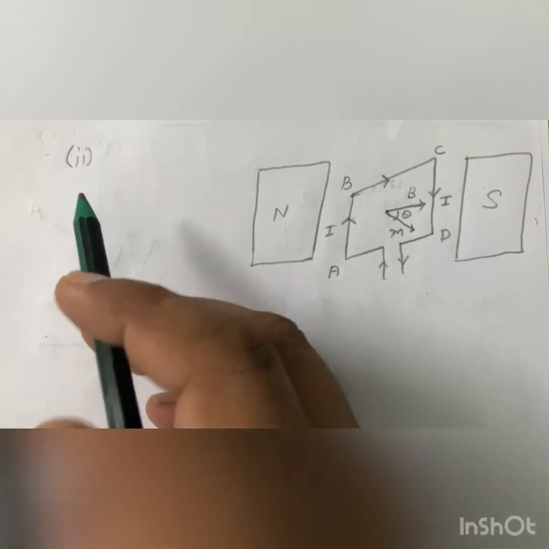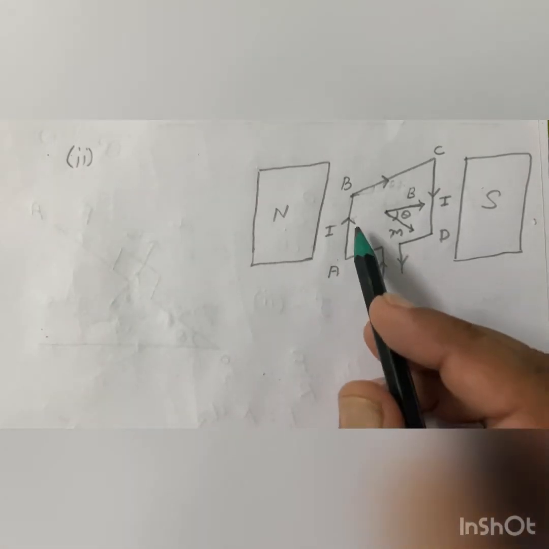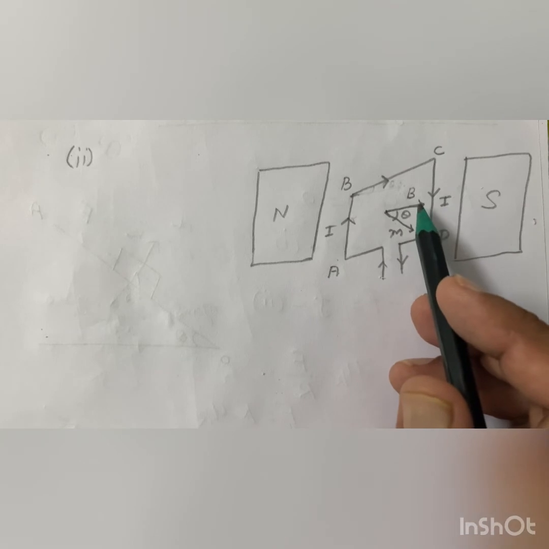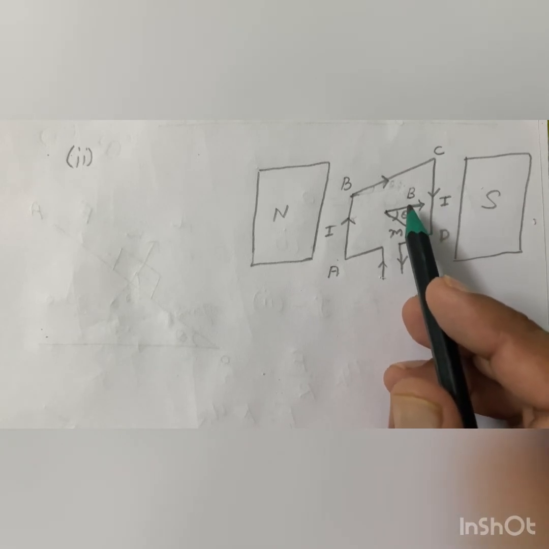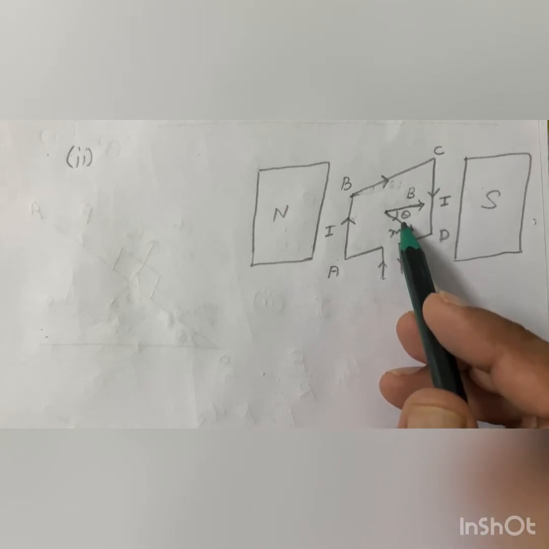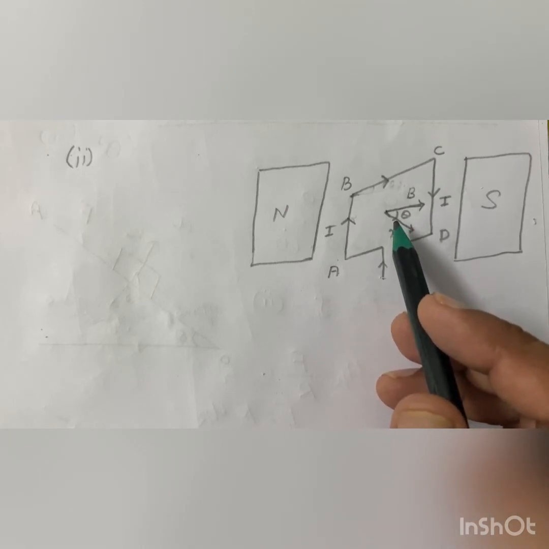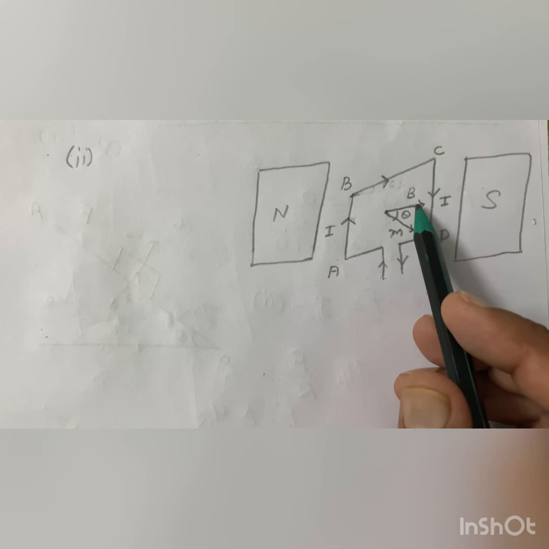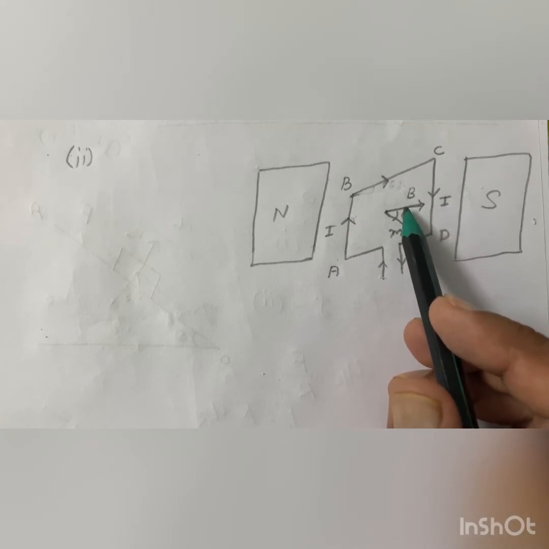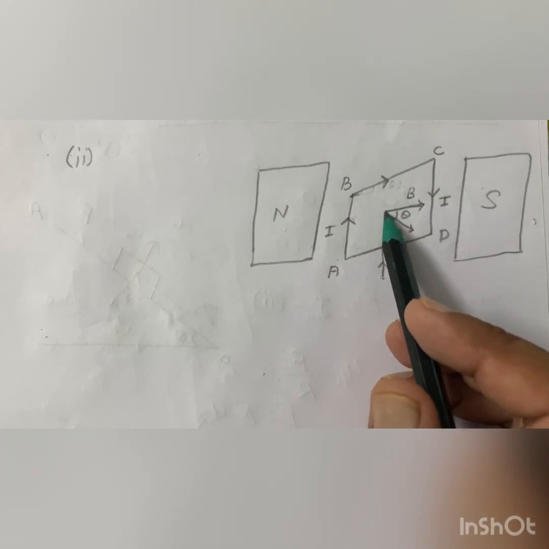Second case, when the plane of the loop is not along the direction of the magnetic field but makes an angle with it. Let us consider the magnetic field B makes an angle theta with the normal to the coil.